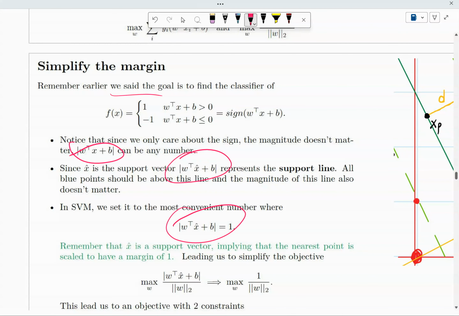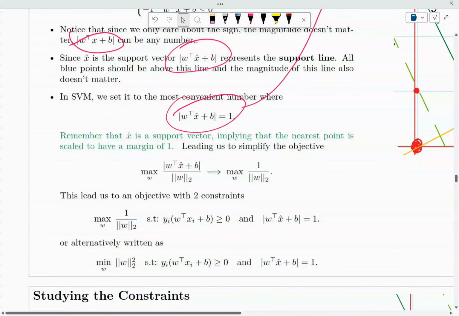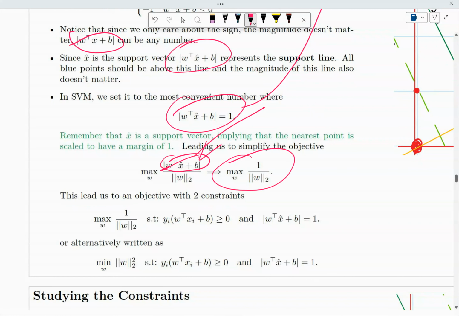So we can set this to 1 just to make life easier. So we can get rid of this and turn that into 1. And that makes the whole expression easier, right? Now it's much easier to solve this because we don't care about the magnitude anymore.